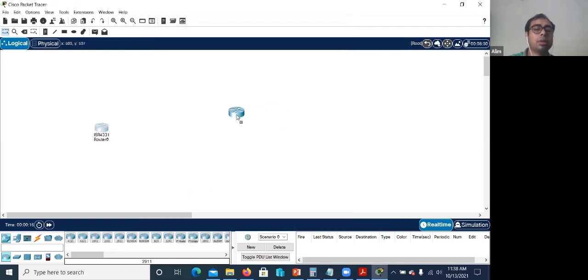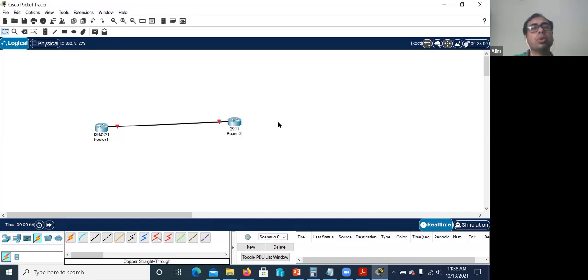Take another router for the ISP, for example, one and two. First we just change the names to maintain consistency. Then connect. The ISP is connected. At first, we will assign an IP address to the interface.